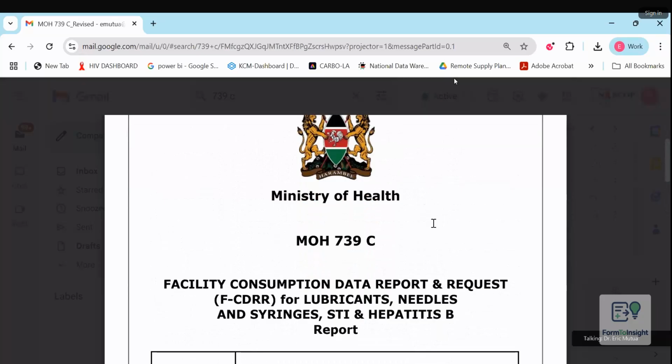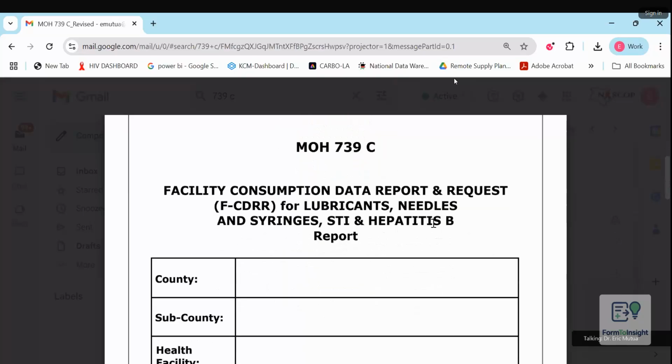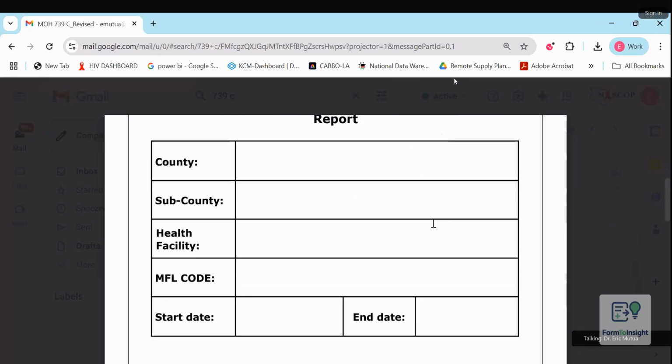So we have this FCDRR for lubricants, needles and syringes, STI and hepatitis B commodities. Actually, it shouldn't be hepatitis B, but it should be hepatitis commodities. I think we were in the spirit when we were trying to do these things because now we can see integration is happening. And this is how this register looks like.